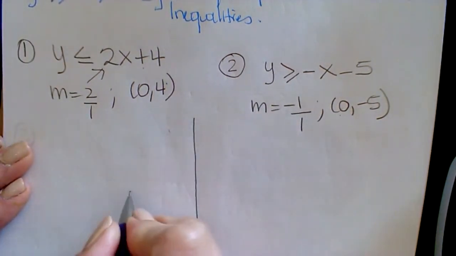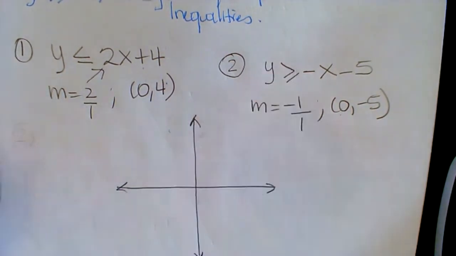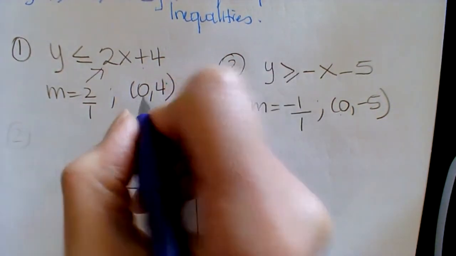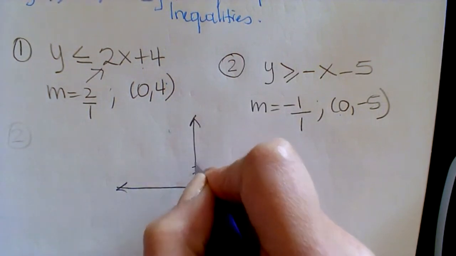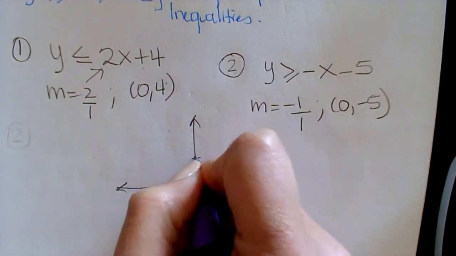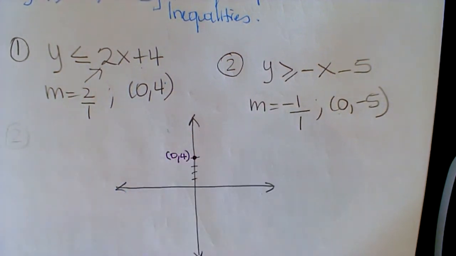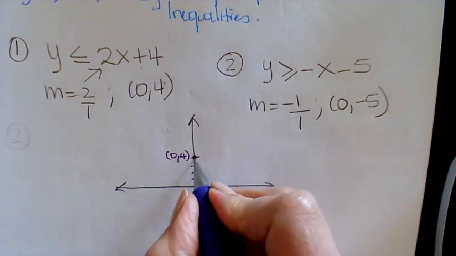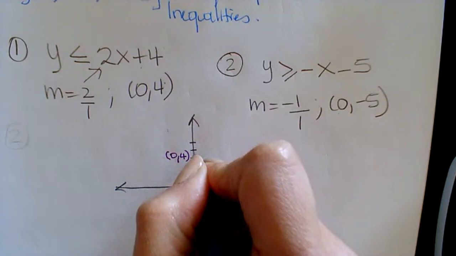Now let's graph it. 0, 4. 1, 2, 3, 4. So I'm going to go 2 up and 1 to the right.